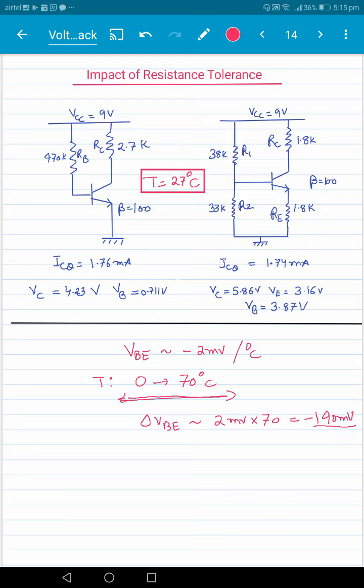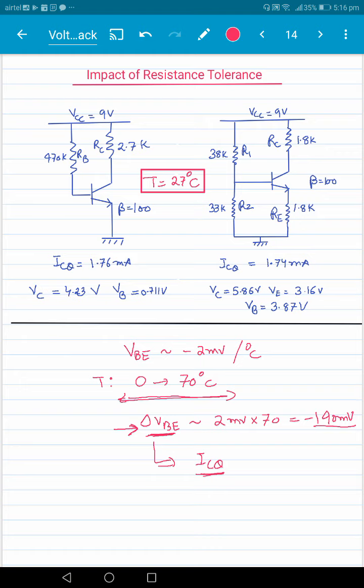Now, this variation in VBE will cause variation in ICQ. So, what we are saying is variation in temperature will result in variation in base emitter voltage. Variation in temperature can also result in variation in current gain. We have already seen how the two circuits match with respect to beta, but let us look at the variation in the base emitter voltage.